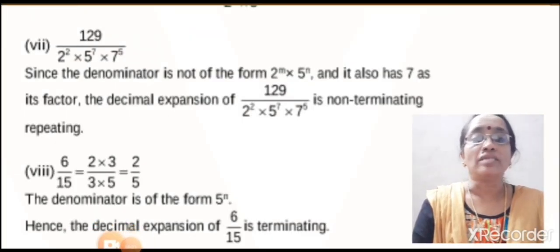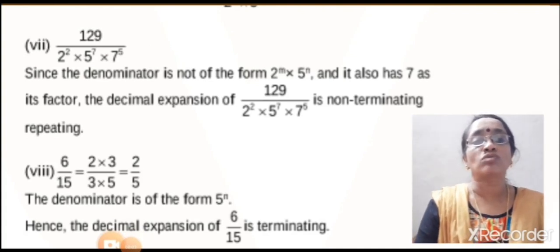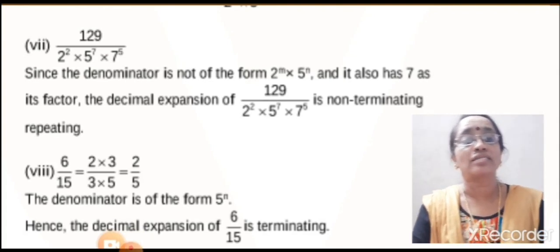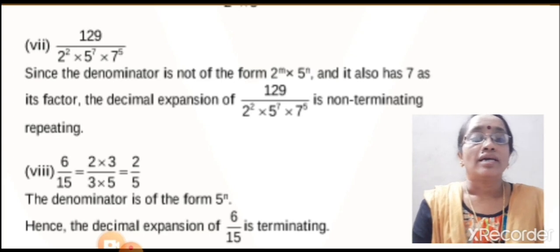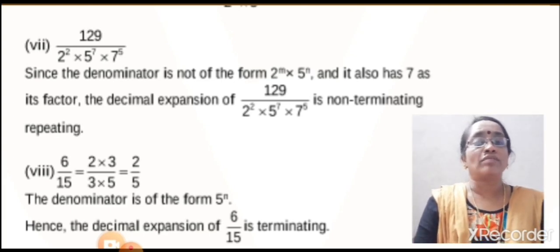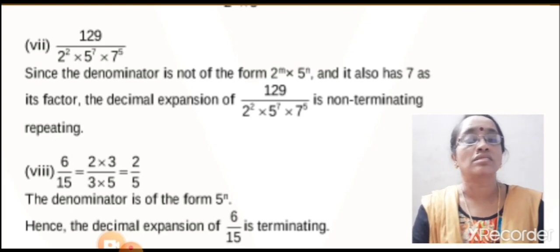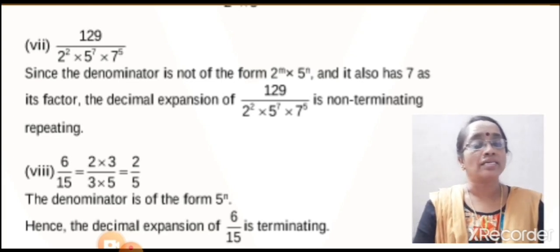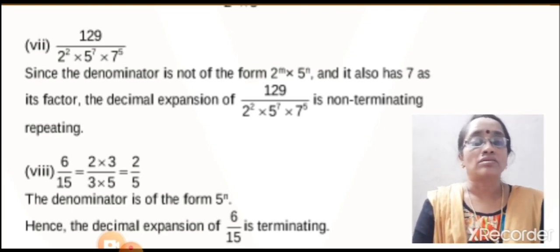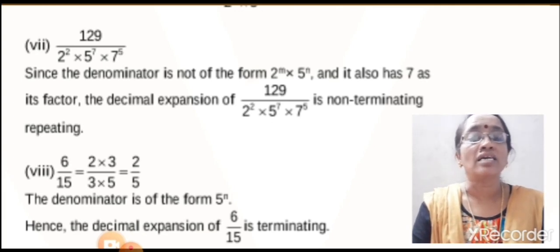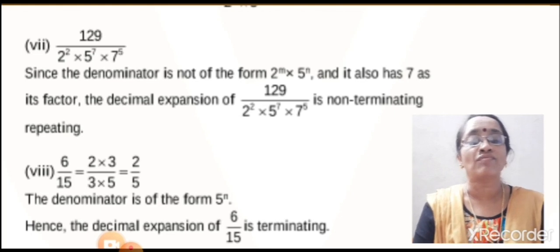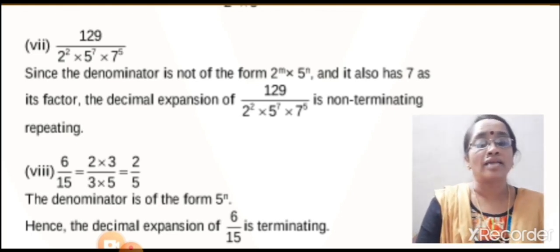Seventh question, 129 by 2 square into 5 raised to 7 into 7 raised to 5. Is the denominator of the form 2 raised to m into 5 raised to n? No. Here 7 is a factor, so it is a non-terminating, repeating decimal expansion. Eighth question, 6 by 15. Factorize 6 as 2 into 3 and 15 as 3 into 5, and at last we get 2 by 5.